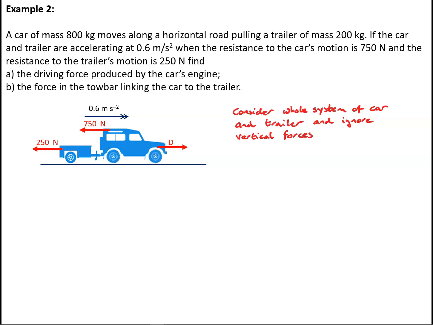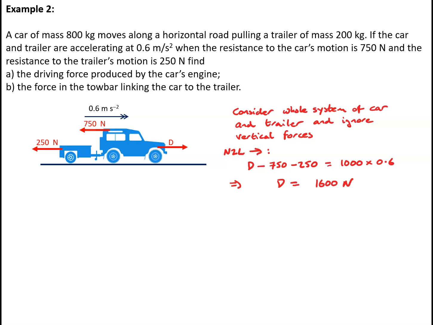So applying now Newton's second law horizontally, we have D minus 750 minus 250, the resultant force, must be equal to the mass of the whole system, which is 1000, times the acceleration, which is 0.6, which gives me D equals 1600 newtons.